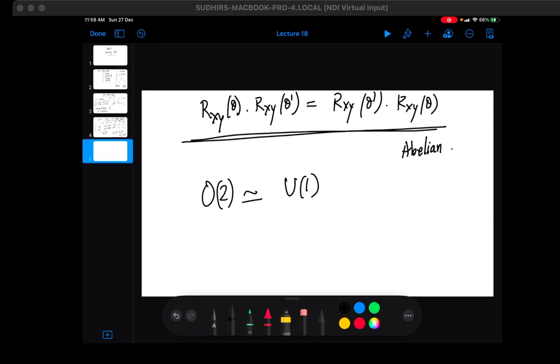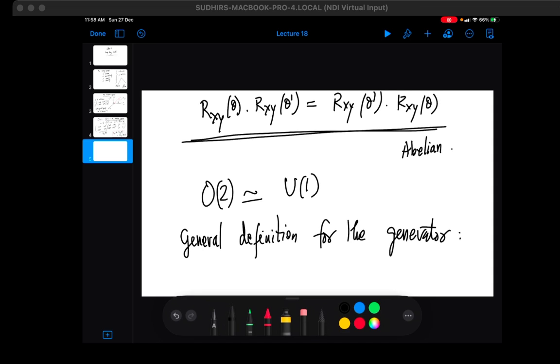So you can actually see what the generator is for this thing. The general definition of the generator you can just get by expanding the exponential.